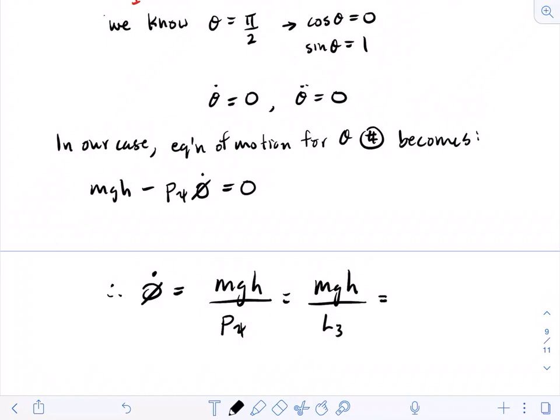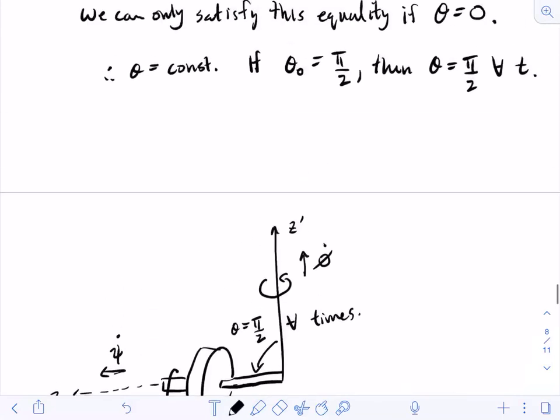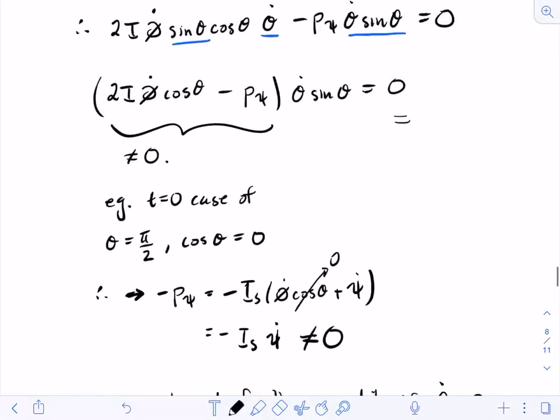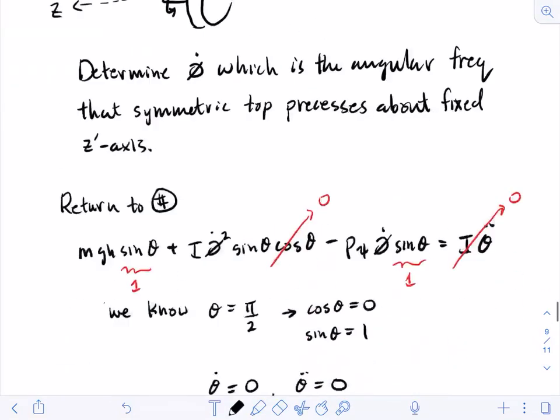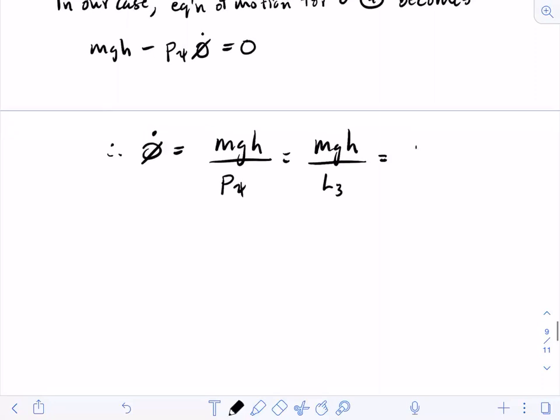And we've already worked out previously that when theta is equal to pi by 2, this angular momentum is just the rotational inertia about the symmetry axis times psi dot. So what we have is phi dot equals mgh over I psi dot.